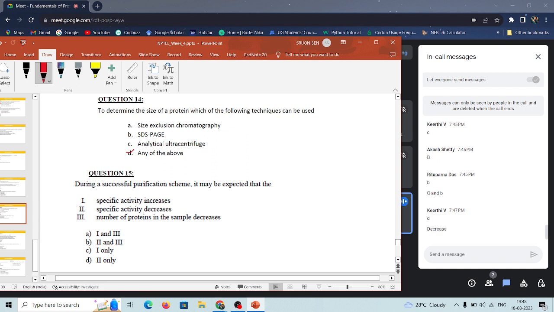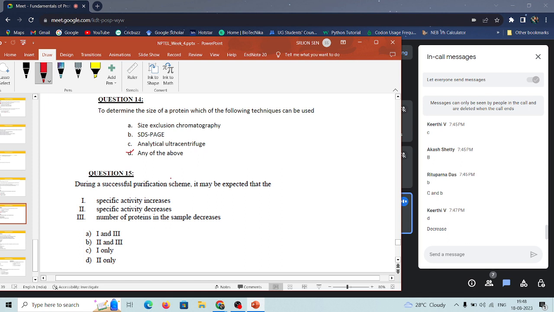See, first thing is that the number of proteins in the sample decreases because there are a lot of other proteins. But when you're purifying it, you're only having the protein of interest. Out of 1,000 molecules, you have say only 200 molecules of the protein of interest. So ultimately, the number of proteins is decreasing.